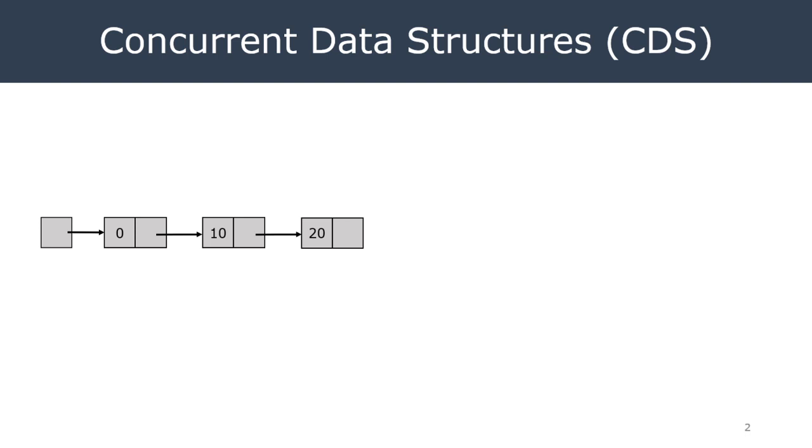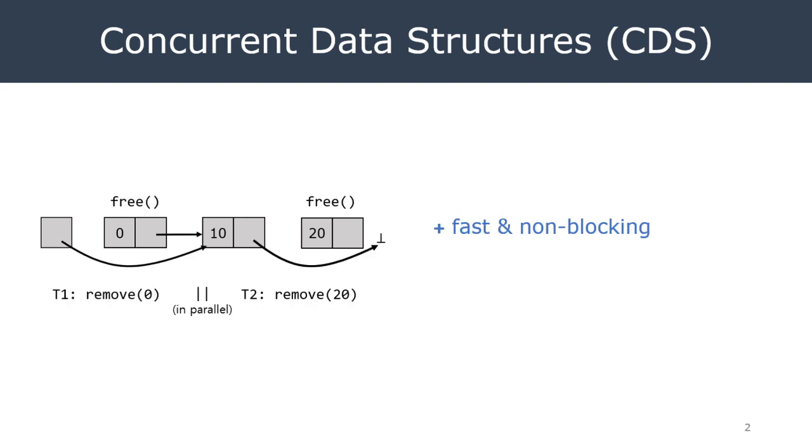As we already discussed pretty extensively, the benefit of concurrency in data structures is that multiple threads can act on the same data structure at the same time, and as a result, the performance can be optimized.